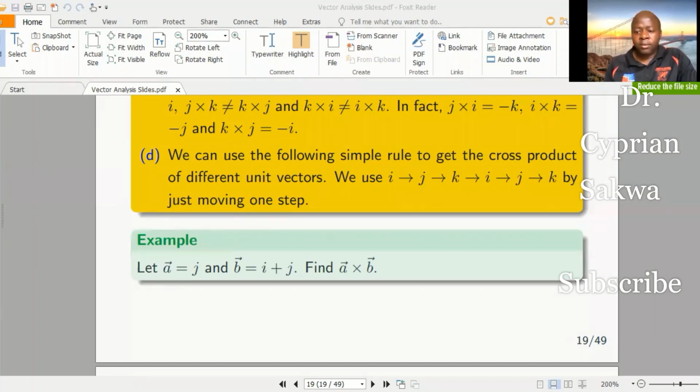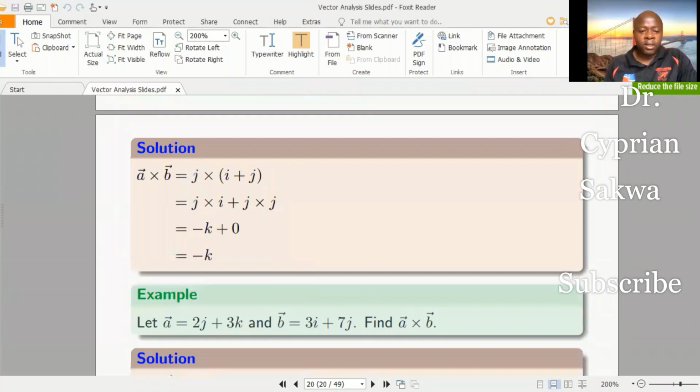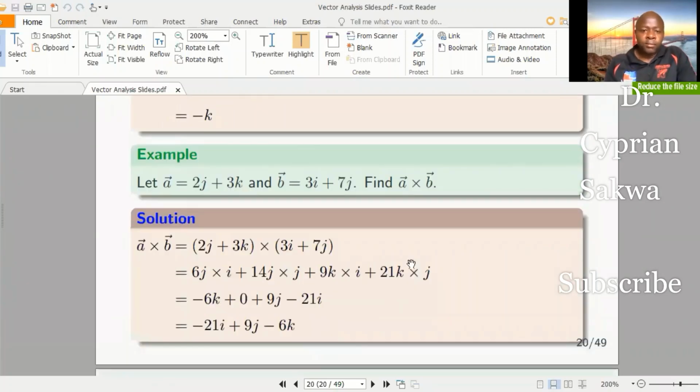Let's look at another example. The question is, if R is given by 2I plus 3K, and B is given as 3I plus 7J, can we find R cross B? And yes, we can.